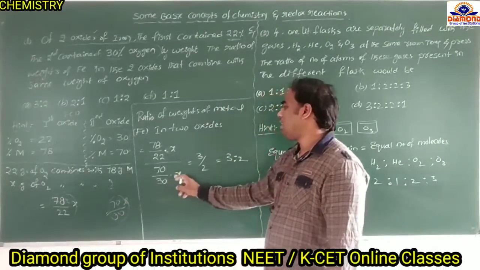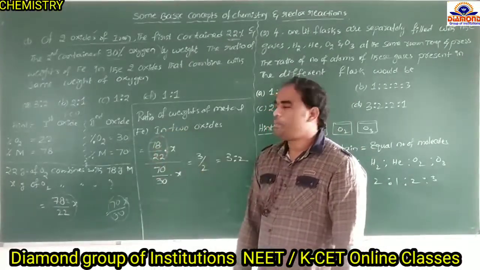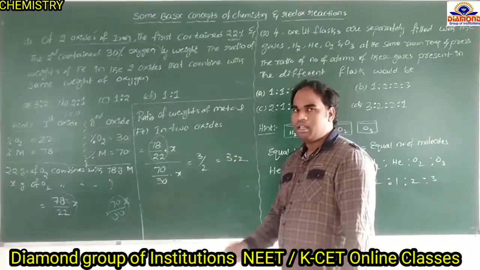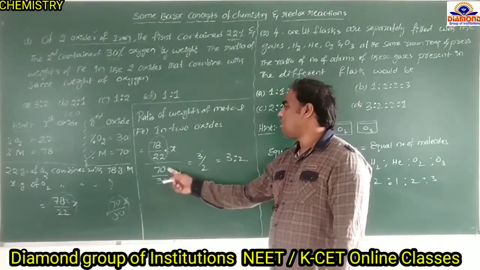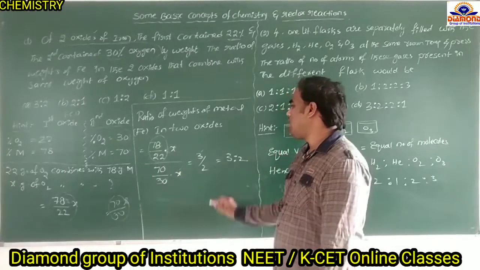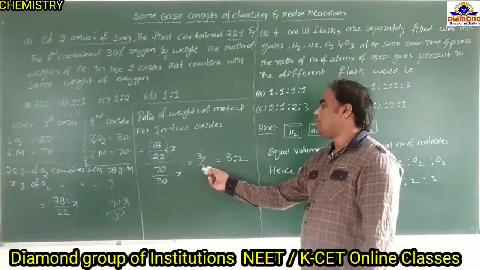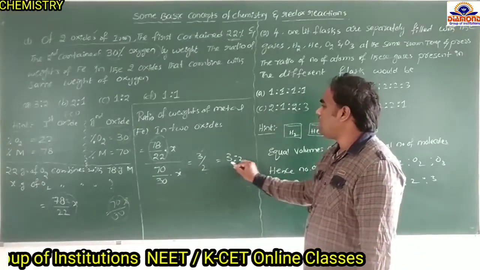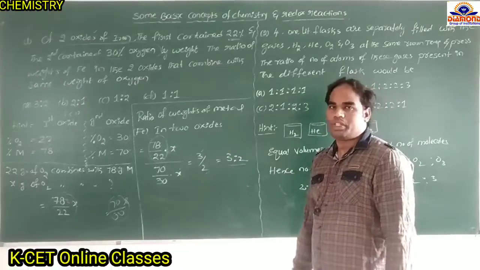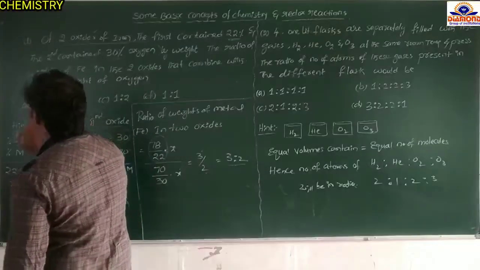Simplifying, 78 by 22 is about 3 point something, so 3, and 70 by 30 is about 2.3, so 2. Therefore the ratio is 3 is to 2. So option A is the answer.